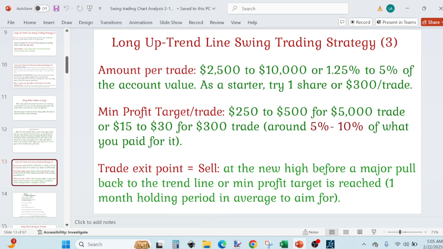And as a beginner, you can just start with one share or $300, even $100 if you are using a low to long swing trading strategy. Even $100 is a good dollar amount to swing trade with, assuming that it is high enough to meet the requirement from the brokerage firm to open a brokerage account or a Roth IRA.